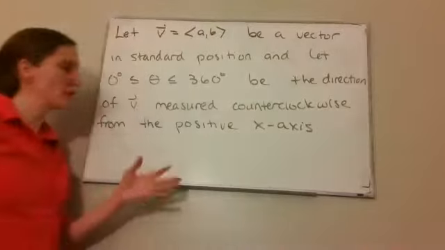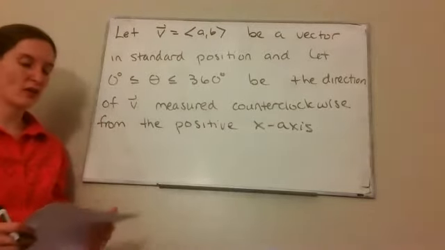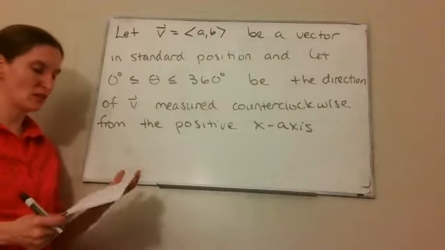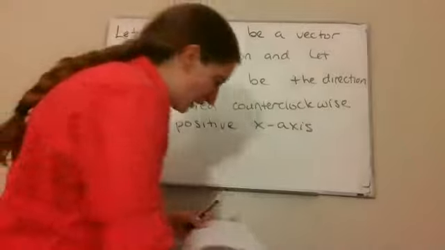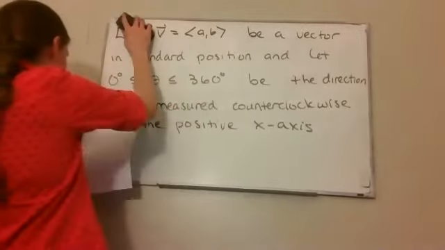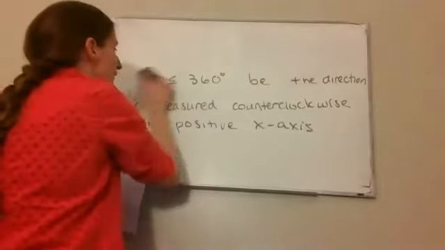So I'm going to draw a picture that describes exactly what I wrote down here, and we're going to learn how to express our magnitude and direction in terms of our angles, and find all sorts of different ways of writing this involving our trigonometric functions.